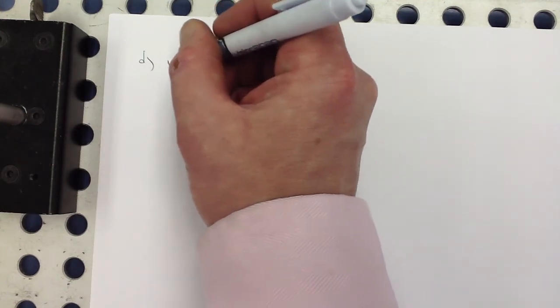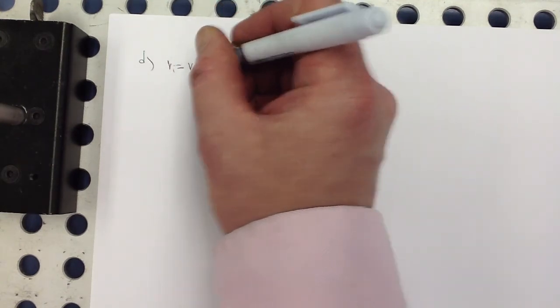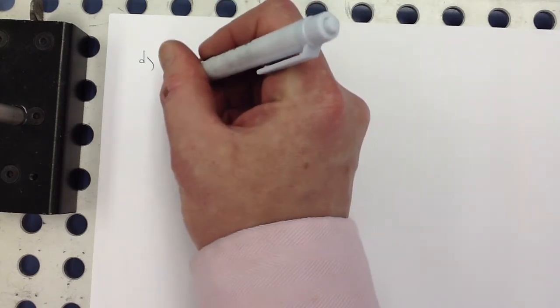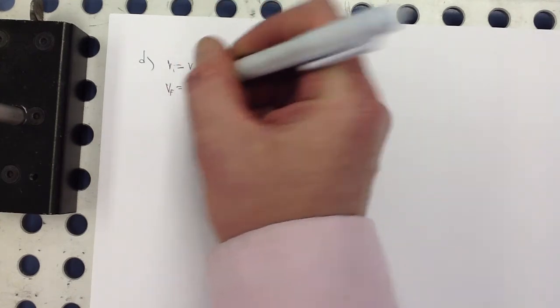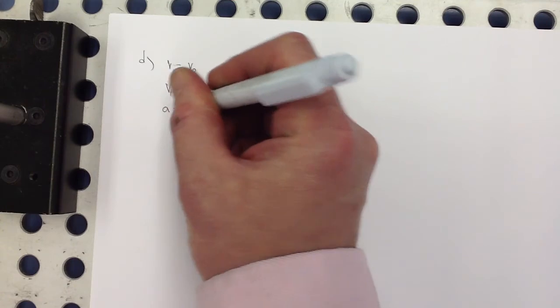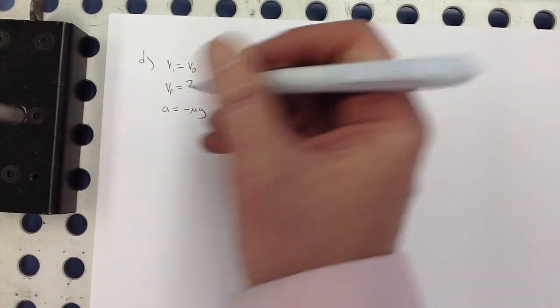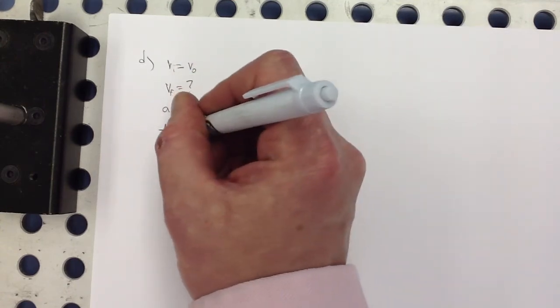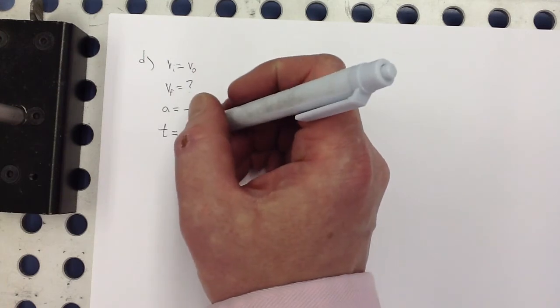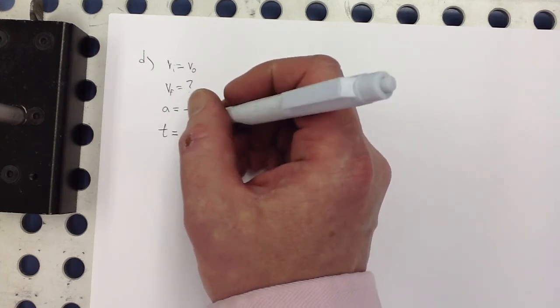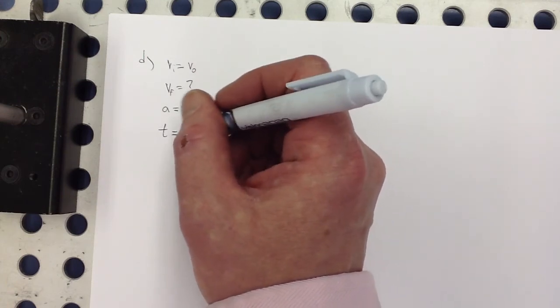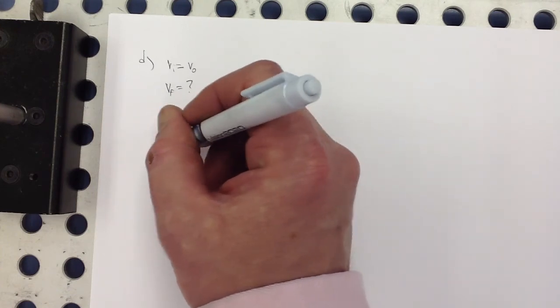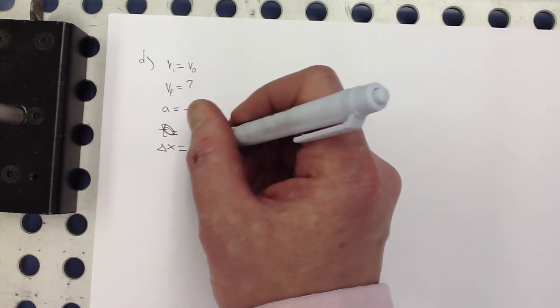I know my initial velocity is v sub 0 when it enters that patch. The final velocity is what I'm looking for. The acceleration is minus mu g, and the distance that it's doing that over is L.